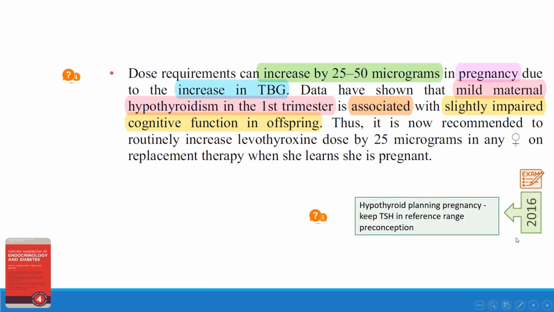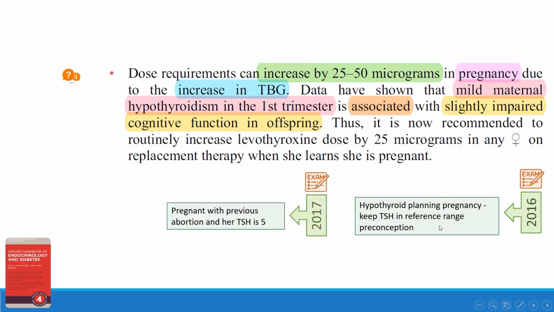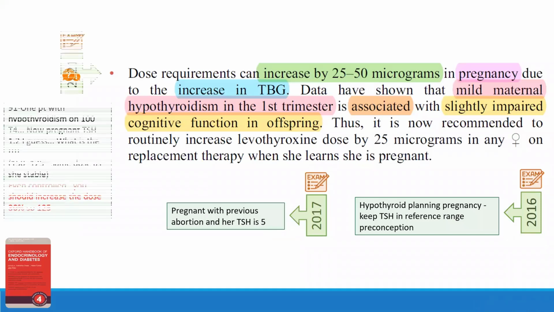And actually, in previous exams, they asked a question about a hypothyroid patient planning pregnancy, keeping TSH in the reference range, less than 2.5. And in this exam, they mentioned a question about a pregnant patient with a previous abortion, and the TSH is 5. Of course, we should treat with levothyroxine.